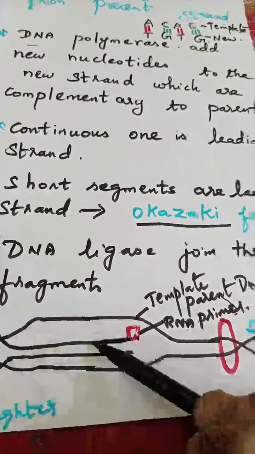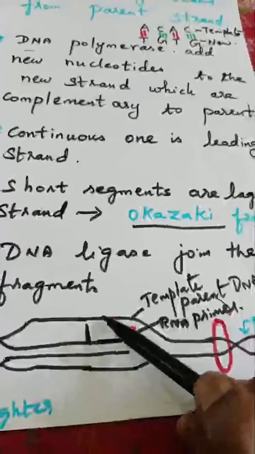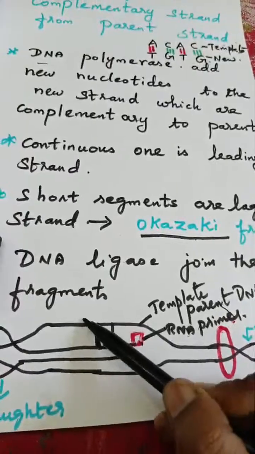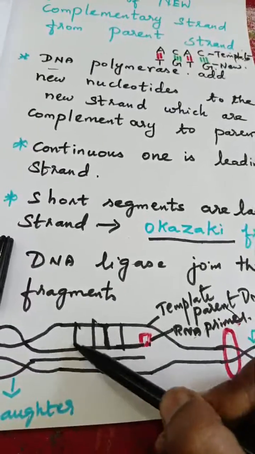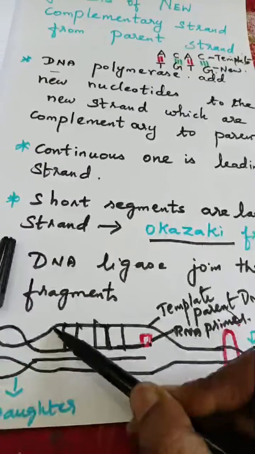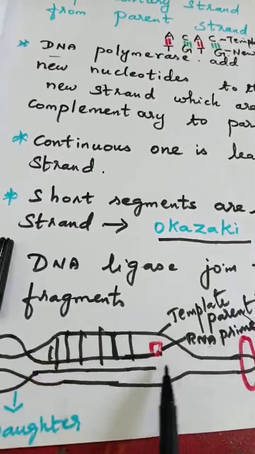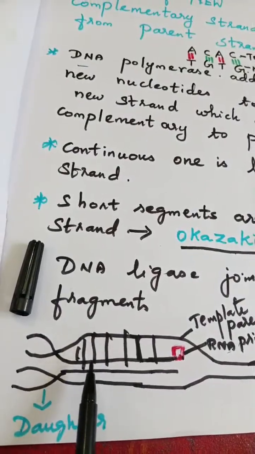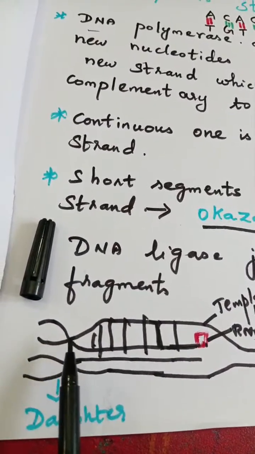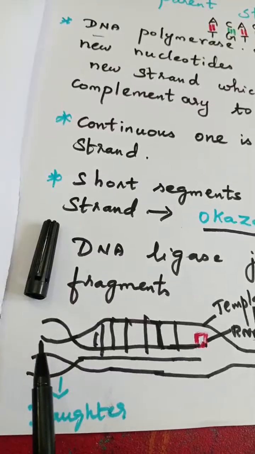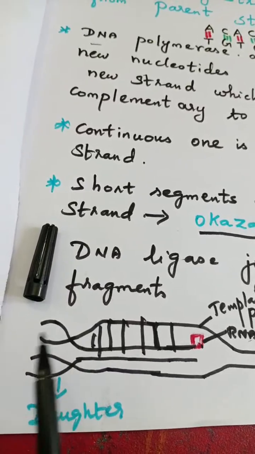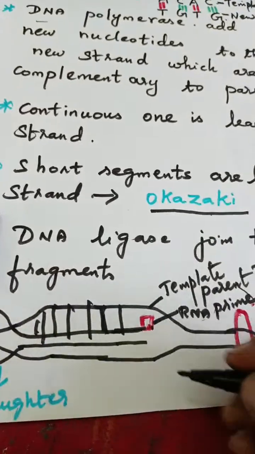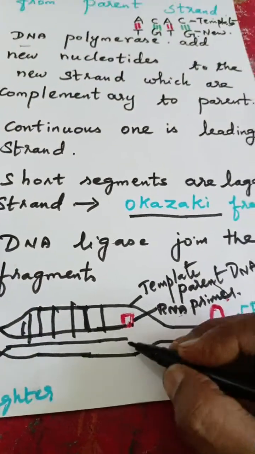So this is the complementary strand. The purines and pyrimidines will start bonding with the formation of new strands. See here, and like this the parent and the new strand will join and form the helix again, and at one stage they will get separated from the parent template. Have you heard about the binary fission of amoeba?